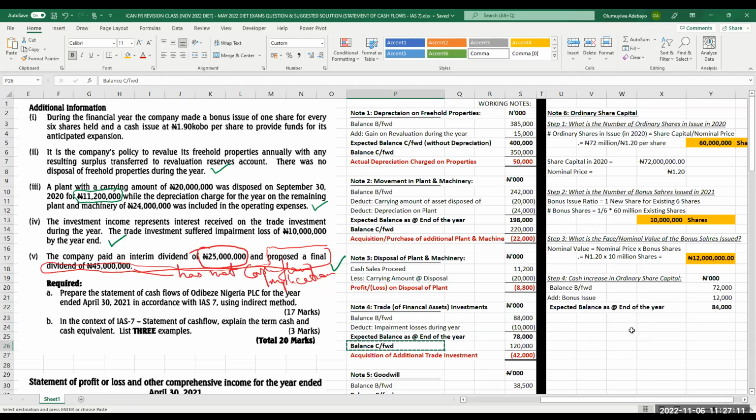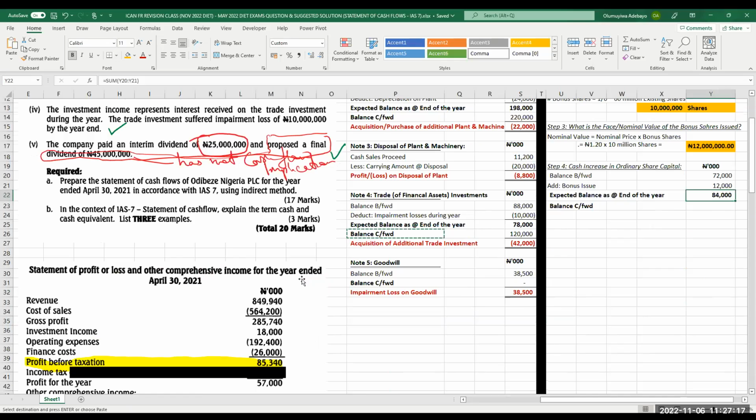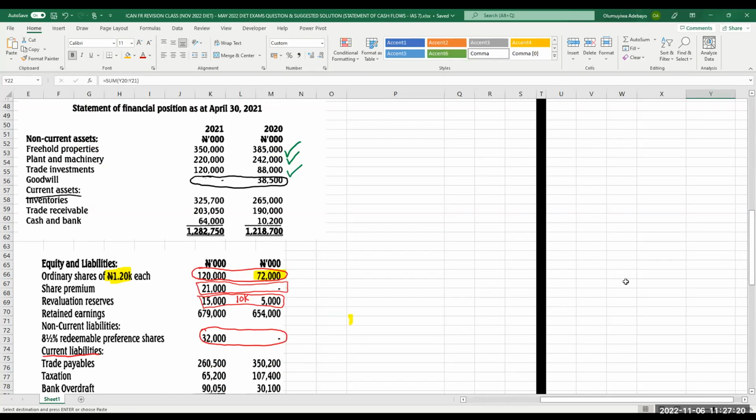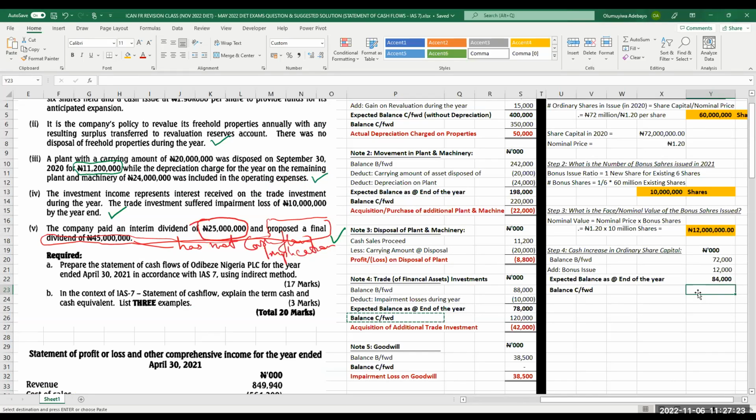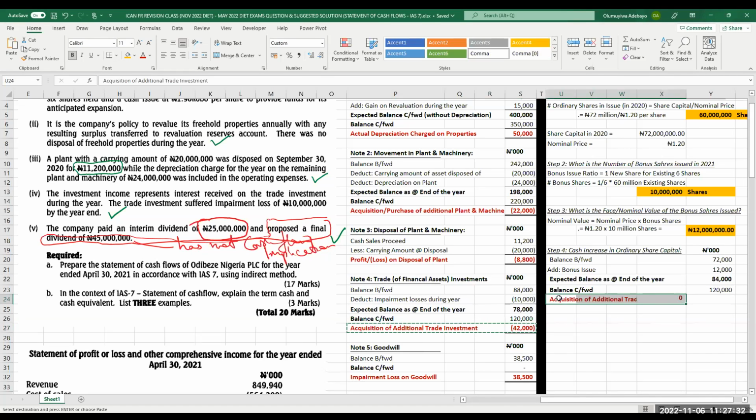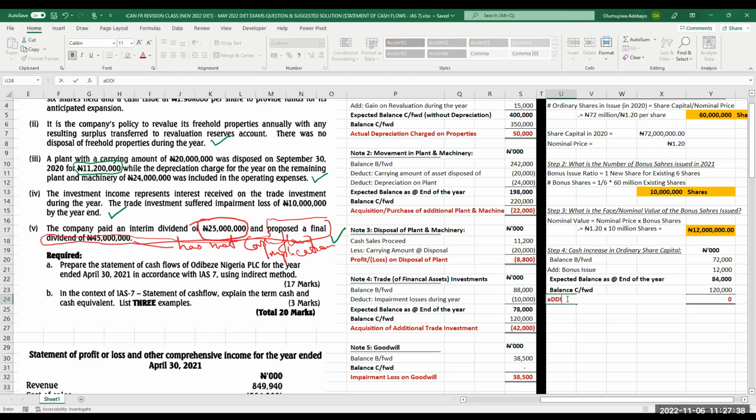But what was my actual? Actual on the balance sheet is 120. Therefore, what is my addition? My additional cash, additional increase in ordinary shares.